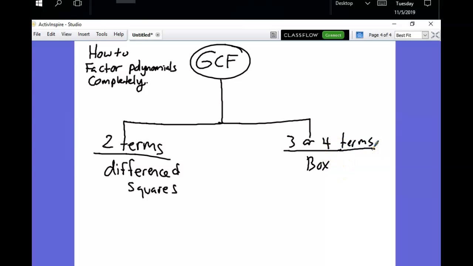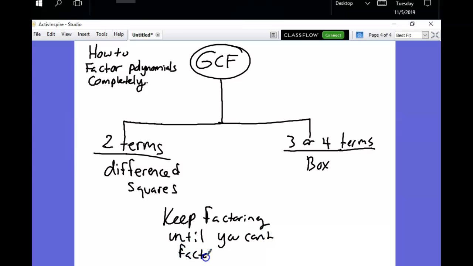And you just keep doing that until you get to the very end and you can't factor anymore. Keep factoring until you can't factor anymore.